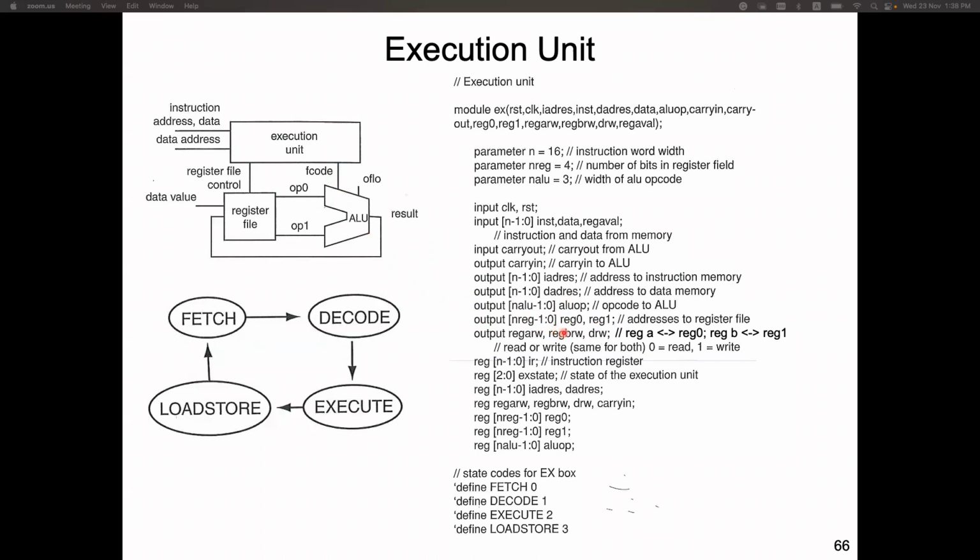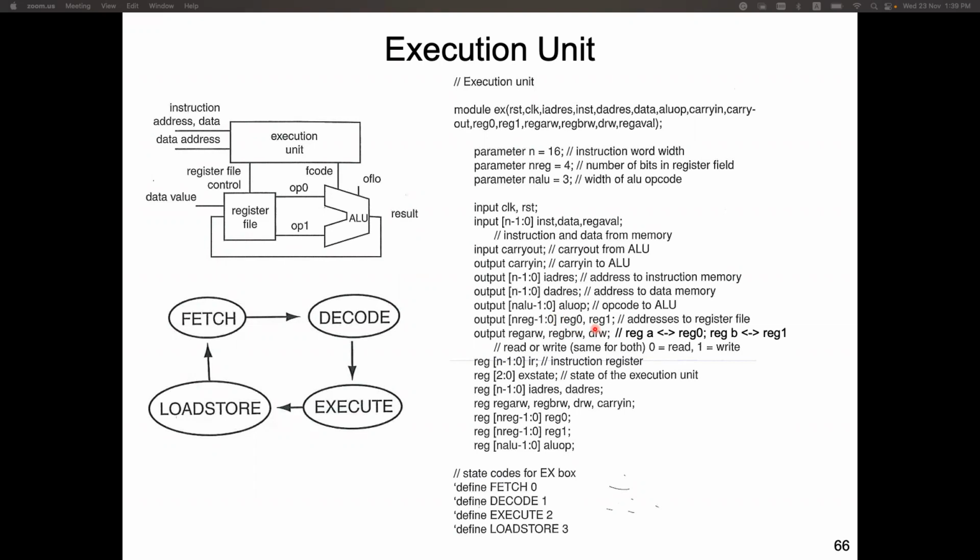And the address. The register file contains 4 registers, and here the execution unit points to 2 of them, called register 0 and register 1. This address is simple addressing.